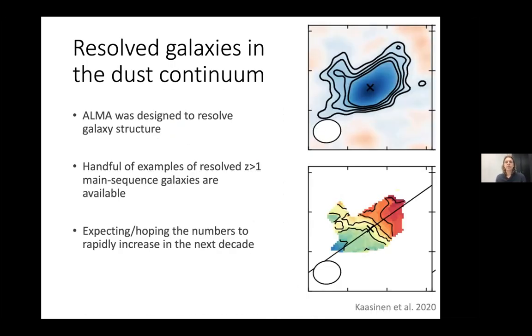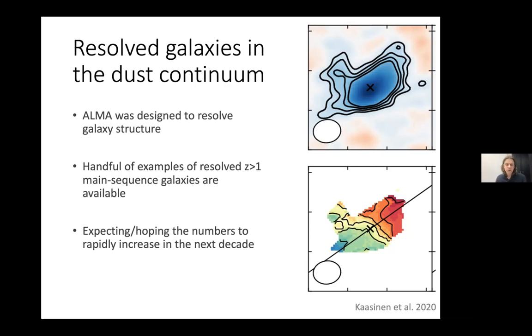So again, this is where ALMA comes to play. You need these sub-millimeter, millimeter observations to tell you something about where dust and gas is located. And ALMA was really designed sort of to resolve galaxy structure.